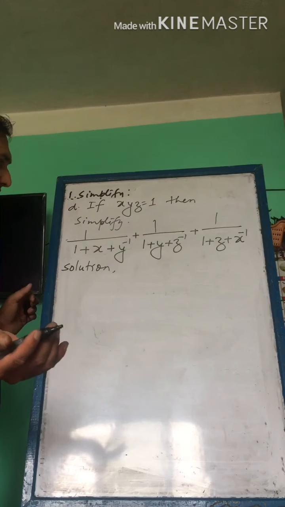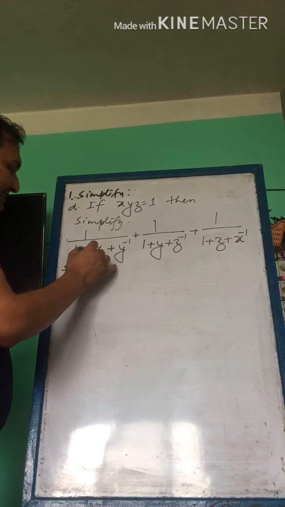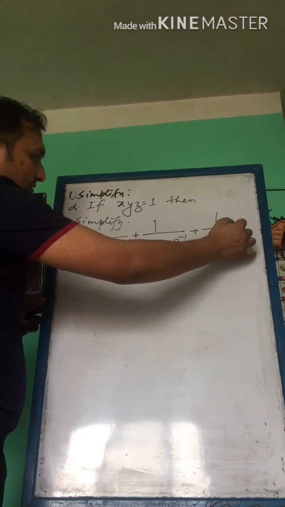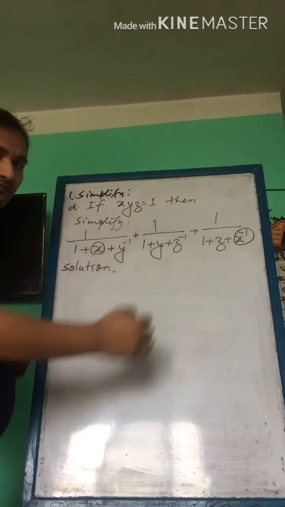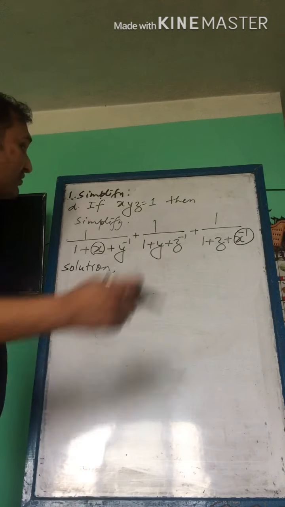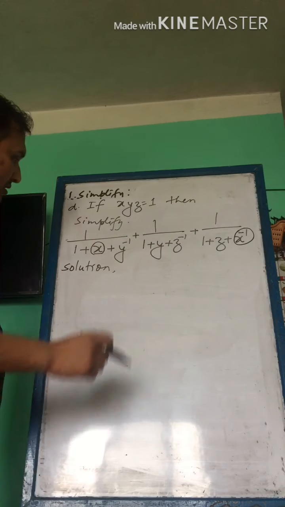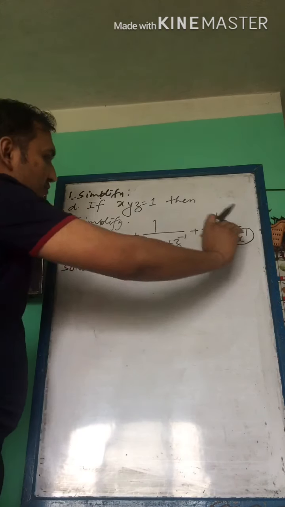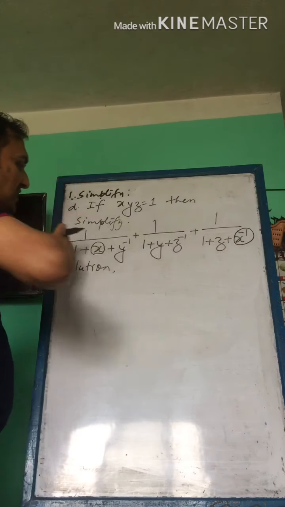Here, what I think is, x is there. Let us replace x and x inverse, these two, in terms of yz from the given condition. Means keep all these denominators in terms of yz only.